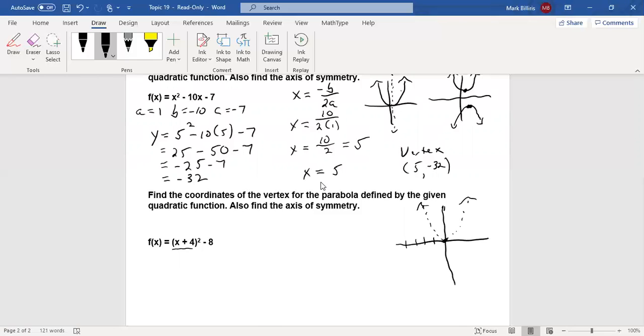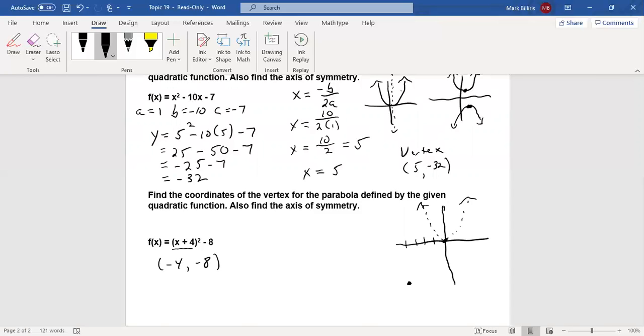So from our original graph, our parent function at 0, 0, our graph shifts 4 units to the left, then 8 units down. So the coordinates of our vertex would be negative 4 and negative 8. Again, a shift to the left 4 and down 8.